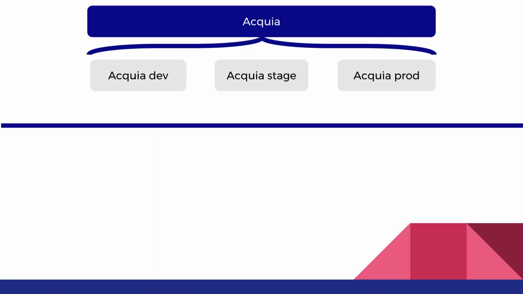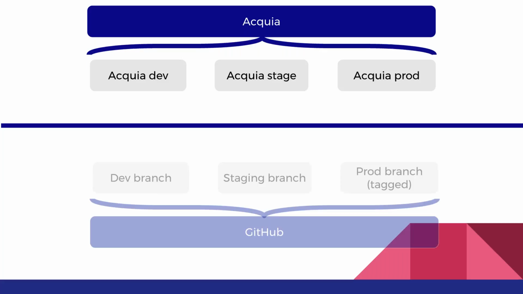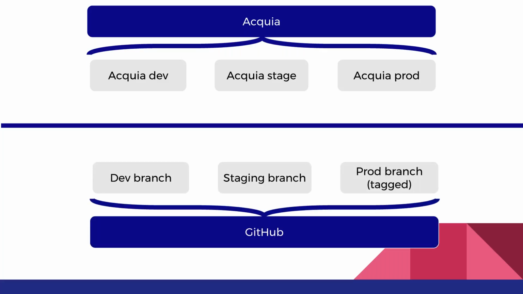Usually we have 3 environments on Acquia that we are using. There is one more RA environment, but we've never used it, only for cases when something should be investigated there. And also, as Andrei mentioned, we are using GitHub. On GitHub, we have 3 branches as well for specific environments: for dev, for staging, and for production.